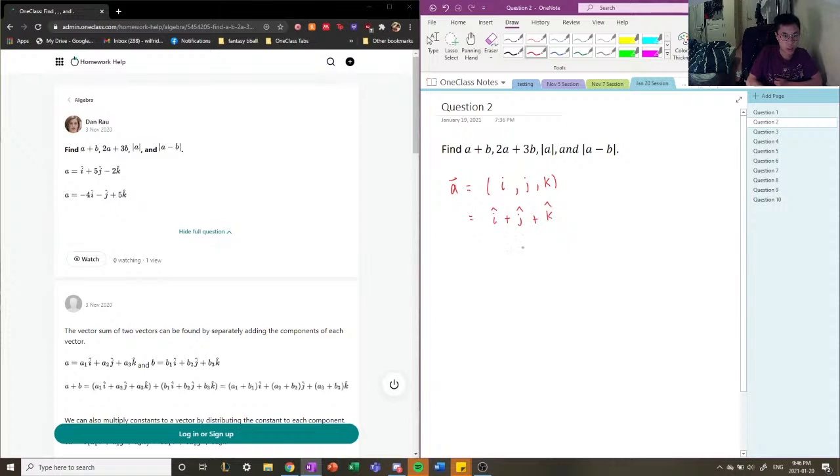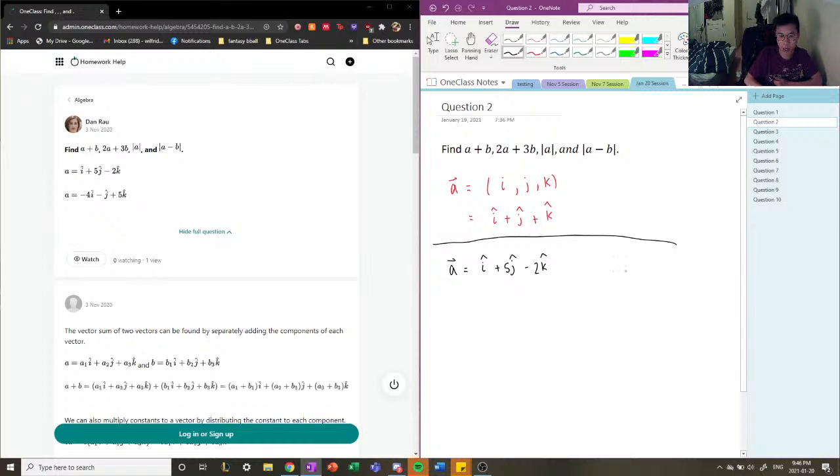In this case, our vector A is equal to i plus 5j minus 2k. The direction of this vector is noted by the vector being 1 unit in the i direction, plus 5 units in the j direction, and minus 2 units in the k direction.